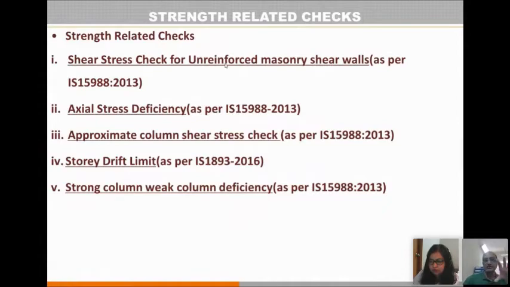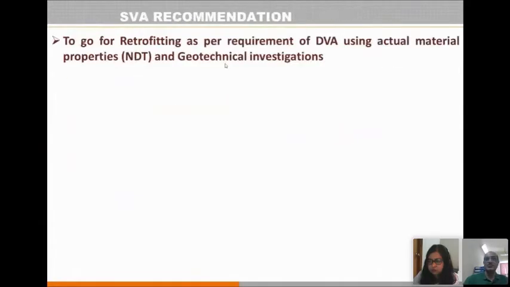So in short, you have to check the efficacy at the global level and the elemental level. Then you have to identify the deficient members, and only the deficient members are to be considered for retrofitting, and reanalysis is required.